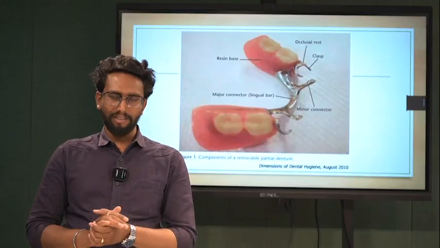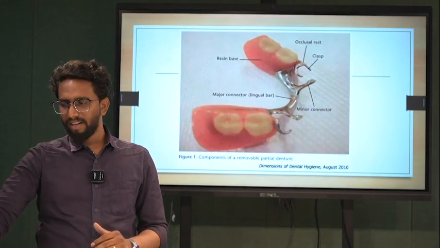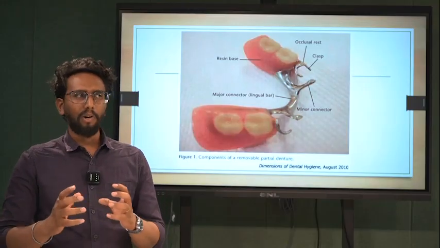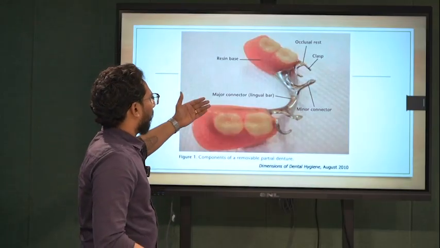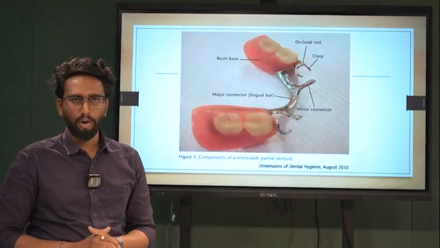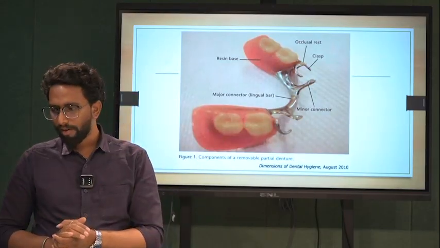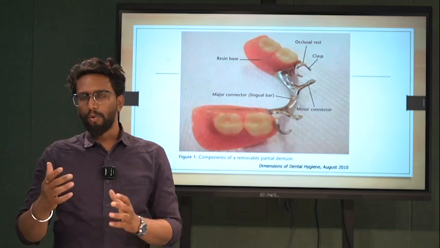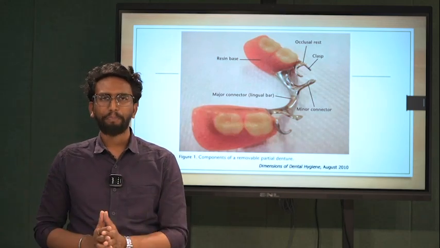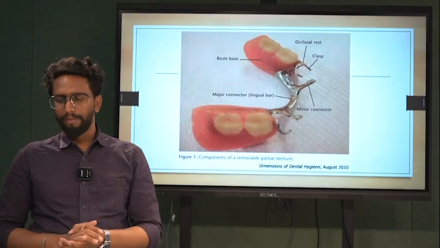In this picture you can see how different components are used in the fabrication of a single removable partial denture, or we can say a cast partial denture. It has a major connector, a minor connector, occlusal rest, clasp assembly, denture base and artificial teeth.